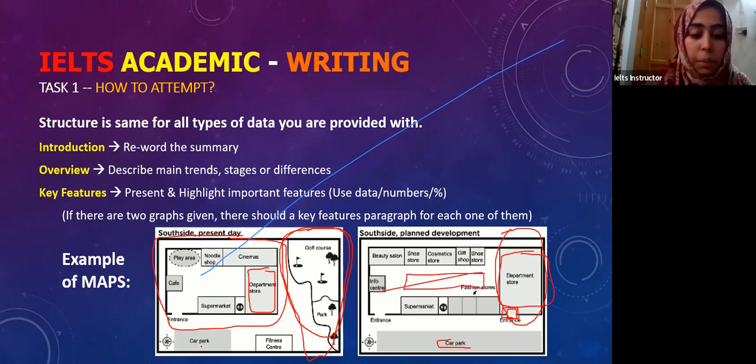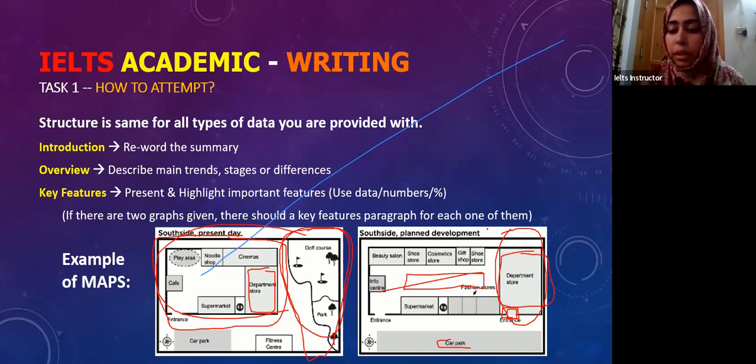Also the car parking was relatively short, and there was a lot of issue for people to park their cars, so the car parking will be increased in the future. So one paragraph would be the key features of the south side present day, and the next paragraph would be the key features of the south side in the future.